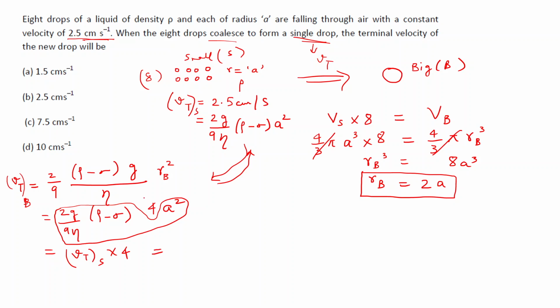Now terminal velocity of small drop is 2.5 centimeter per second times 4. That means 2.5 times 4 means 10. So 10 centimeter per second is the terminal velocity of the big drop. So the correct answer is option D.